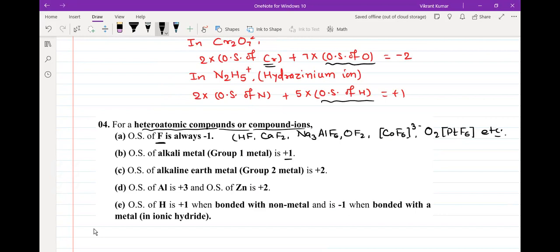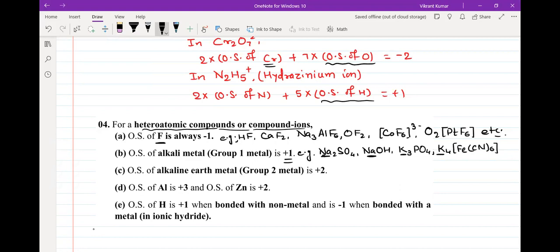वैसे ही alkali metal will always be +1. जैसे I will give an example, जैसे यहां पर example दिया, कोई भी कितना भी कॉम्प्लिकेट कर दे. Like if I say Na2SO4, if I say NaOH, if I say K3PO4, if I say K4Fe(CN)6, इतना कॉम्प्लिकेट कर दे तो भी the alkali metal, which means group 1 metal, will have always +1 oxidation state.